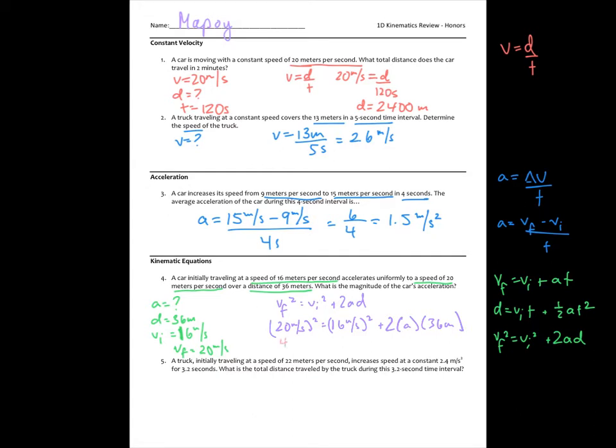So this is 400 equals 256, I believe, if I recall this. No, I am doing this wrong. Oh wait, it is actually 256, plus 72a. You subtract 256 to the other side. Let me do this off to the side right here.